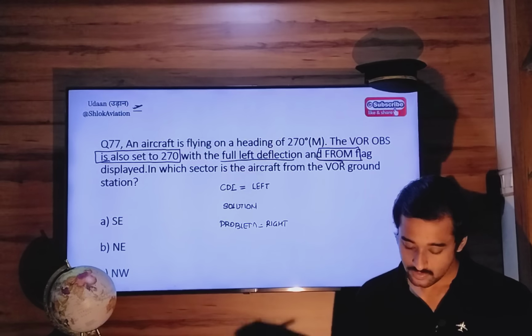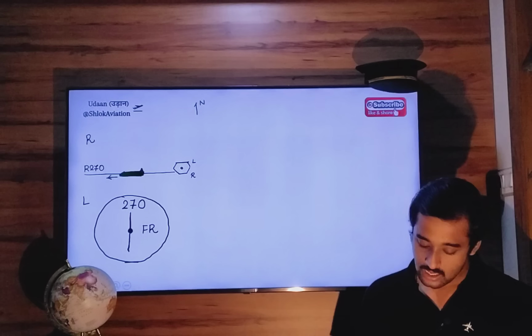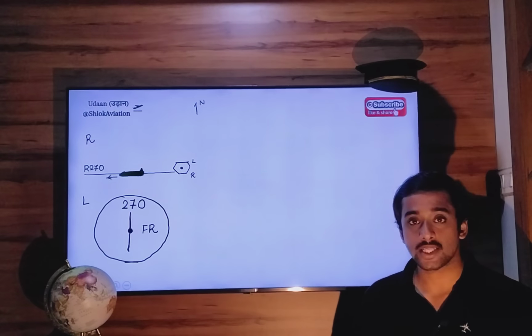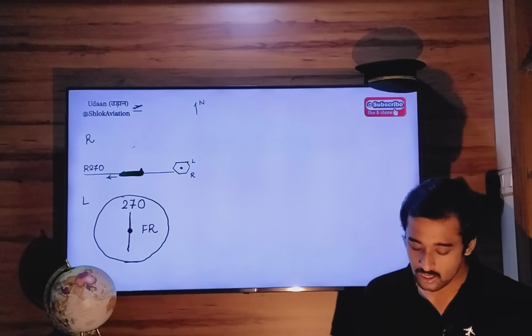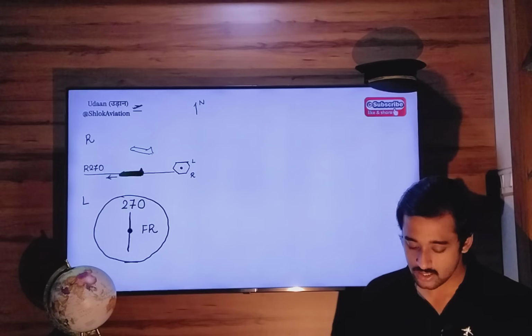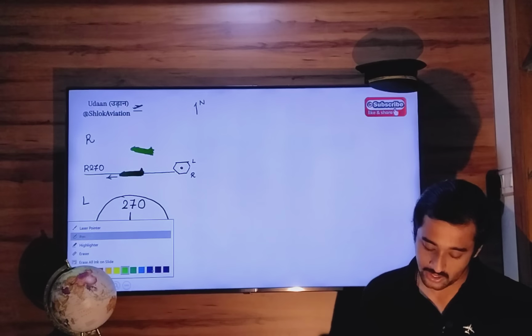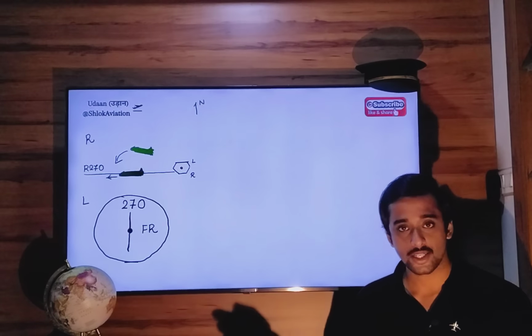Flying outbound, if the CDI needle tells you to fly left, that means your aircraft has deviated to the right hand side, somewhere like this. That's why you are getting a fly left indication.